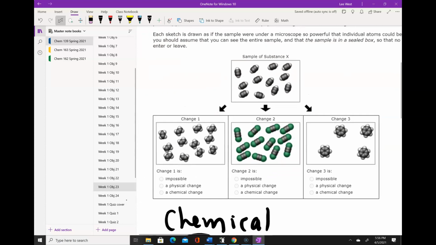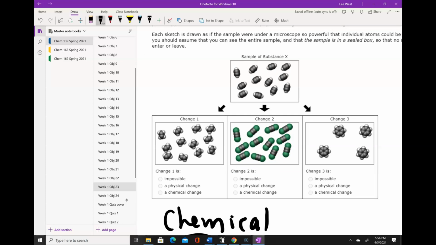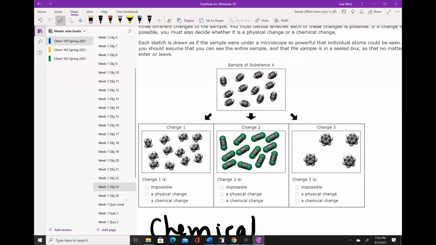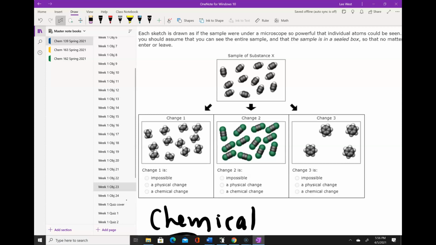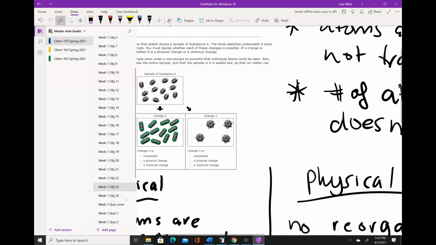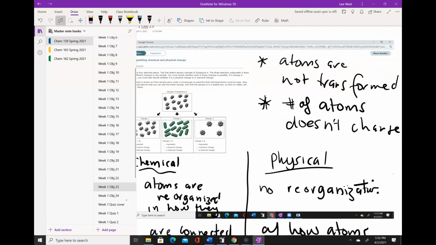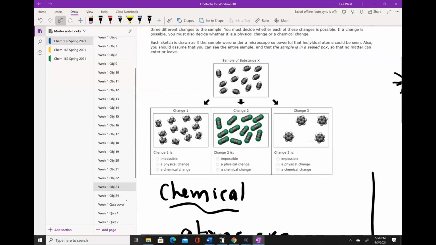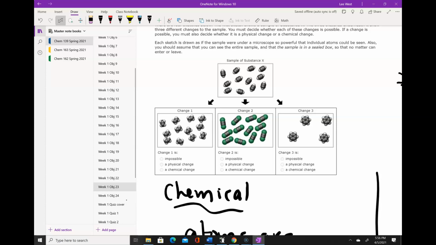We have to decide if the change is impossible, a physical change, or a chemical change. So the first thing is we're going to start with a bunch of gray and white atoms. And because we can't transform one kind of atom into another kind of atom, we know that we can only end up with a bunch of gray and white atoms.